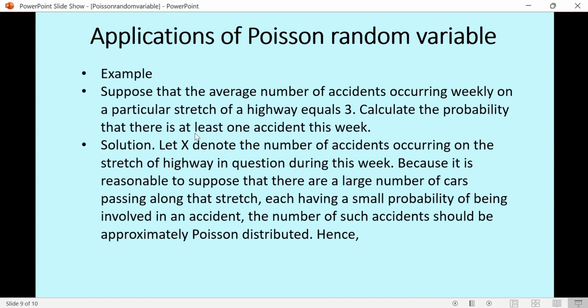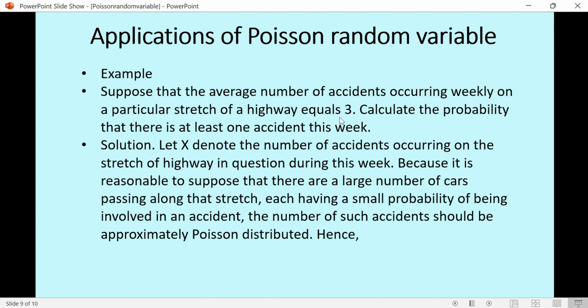Next we will take a look at one example. Suppose that the average number of accidents occurring weekly on a particular stretch of highway equals 3. Calculate the probability that there is at least 1 accident this week. The predetermined time interval is 1 week, and we know the average is 3, so 3 is lambda, which equals np.